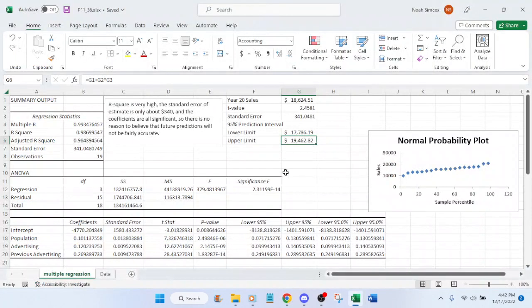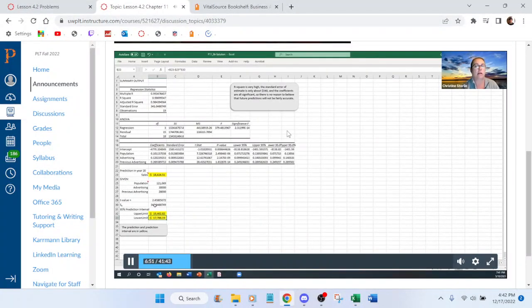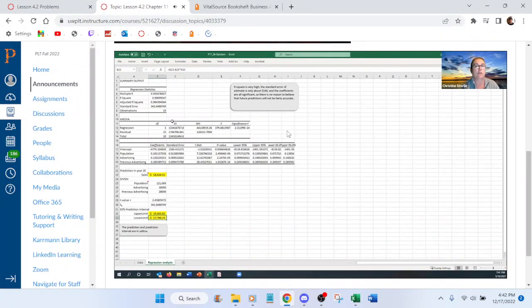So there's that, and that's got to be done now, right? The lower limit is equal to the predicted value, the average predicted value, minus the t-value times the standard error.